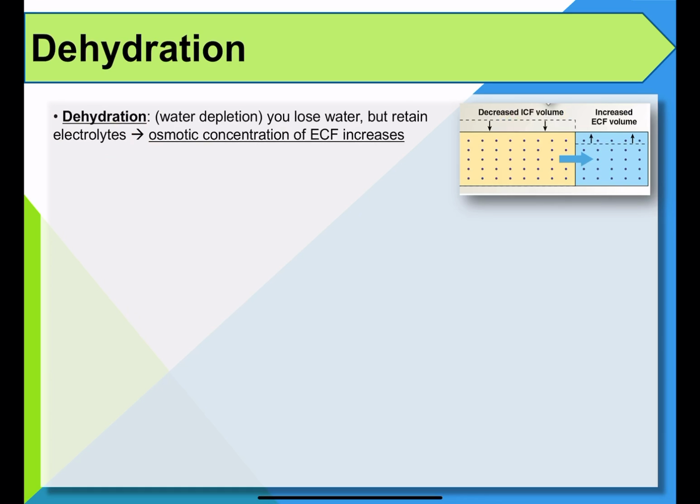All right, so in the case of dehydration, what happens? Okay, you are mostly losing water, of course, but retain the amount of electrolytes or solutes in your ECF, and hence the osmotic concentration of your ECF increases.